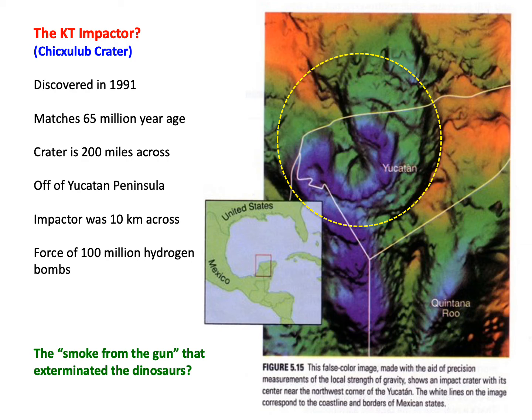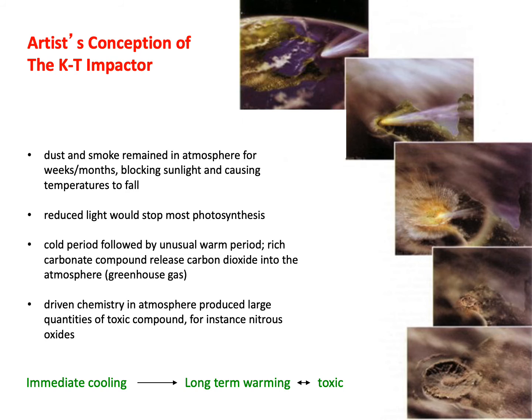Now, the force of this is believed to have been about equal to 100 million hydrogen bombs. And this is pretty much, if you will, a smoking gun for what would cause the mass extinctions 65 million years ago. And you can watch all kinds of cool things on the internet showing simulations of this.